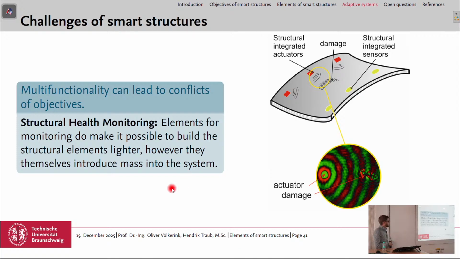But you also introduce mass into the system with the sensors and the actuators, and maybe also the other elements like energy supply and controller. So if the structural health monitoring system is heavier than the mass saving you generate with it, then maybe this is not a successful smart structure.